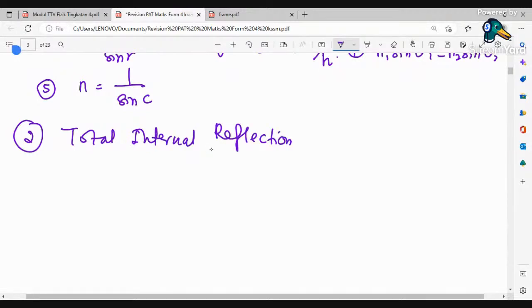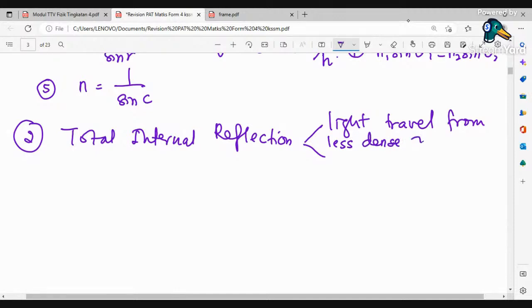What is total internal reflection? It must obey 2 conditions. Light must travel from denser to less dense. Sorry, wait, it's the other way around. From less dense to denser. Less dense to denser. I forgot this morning. Okay, for example... that was correct earlier. I will show you the diagram later.